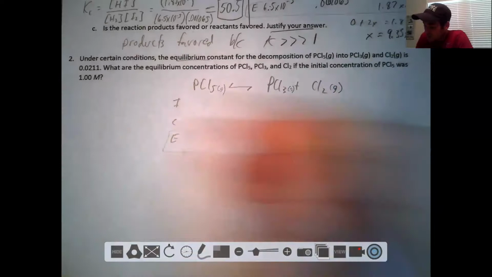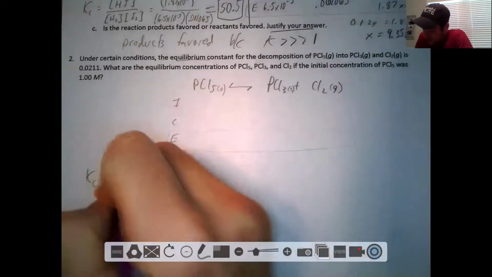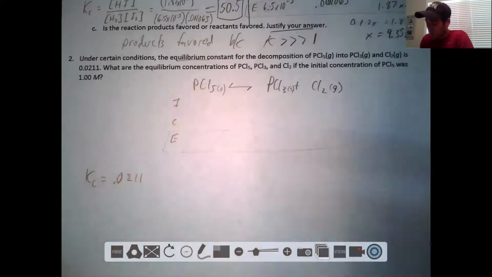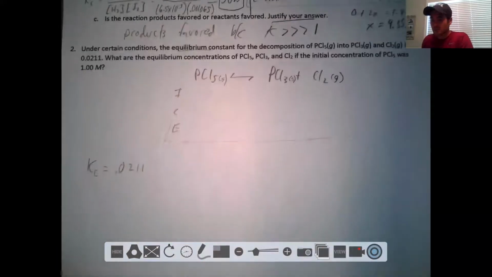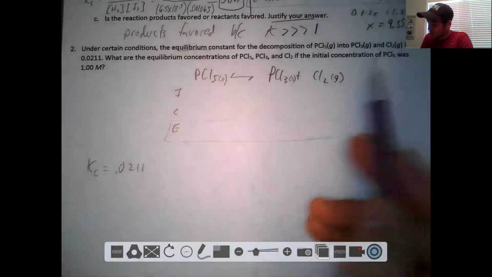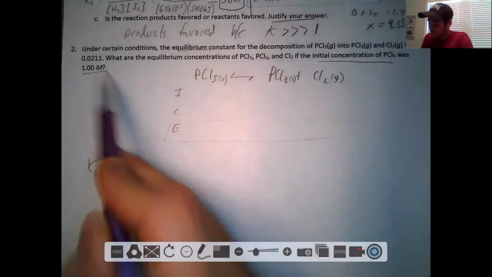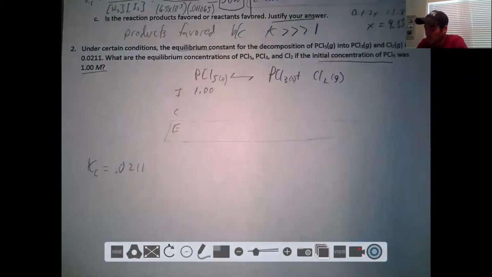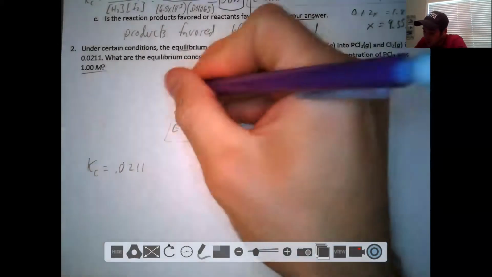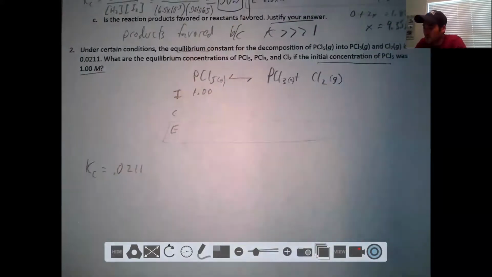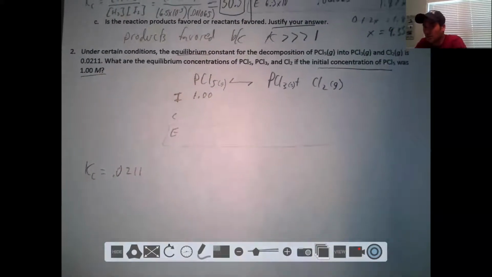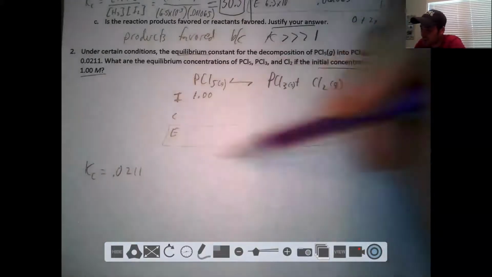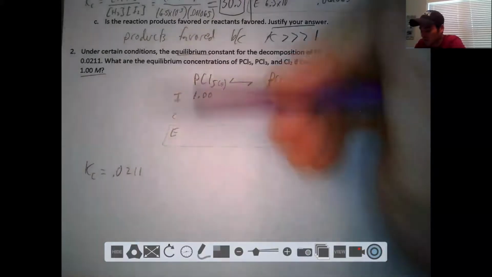Well, we know that our equilibrium constant is 0.0211. We know that. And then we know the initial concentration of PCl5 is 1. So I start with 1. If you remember from BCA tables, and I should have mentioned this earlier, the only numbers that we can put in the BCA table is moles.